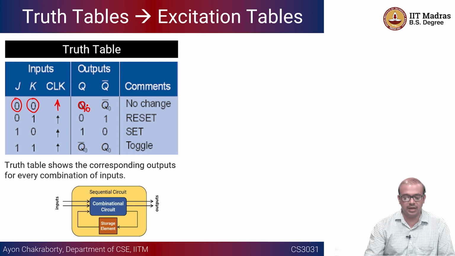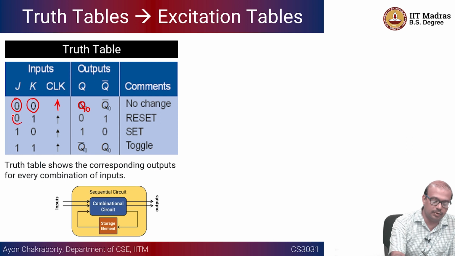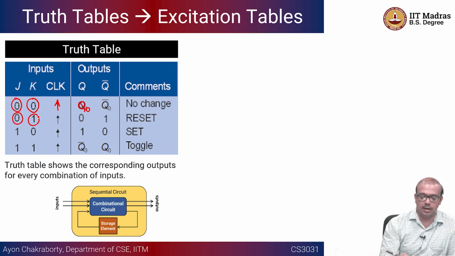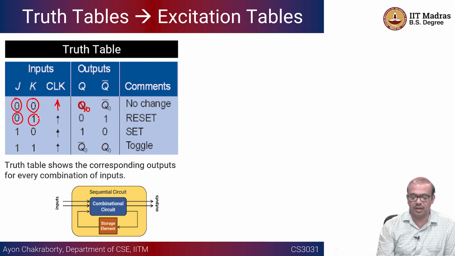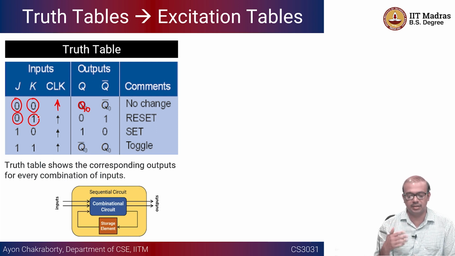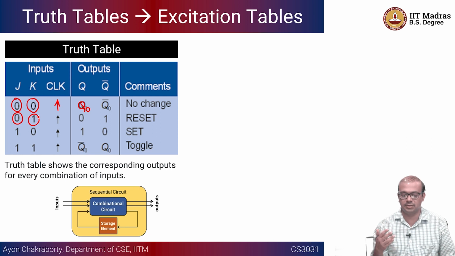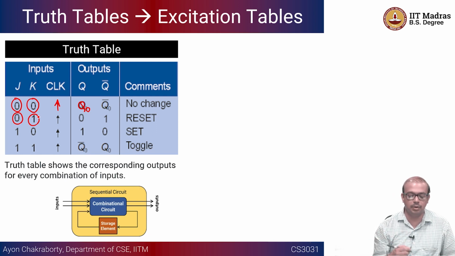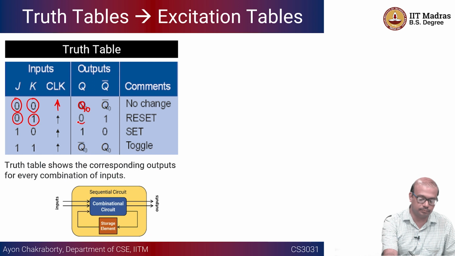If you put J equal to 0 and K equal to 1, the value of Q is going to be reset to 0. Irrespective of whether Q0 was 0 or Q0 was 1, doesn't matter, it is going to be overwritten by the value 0.